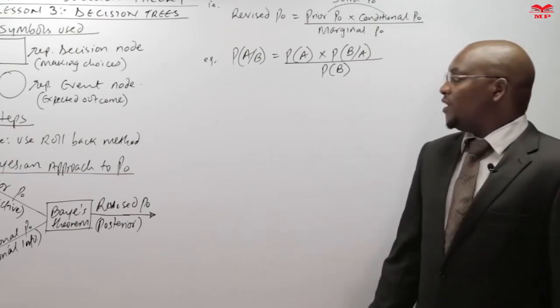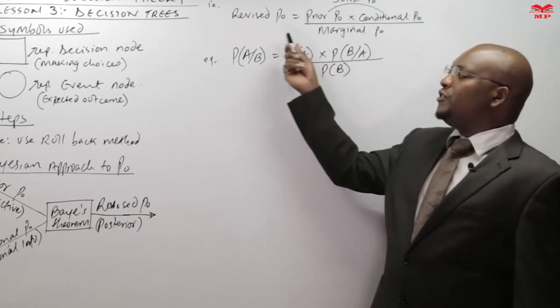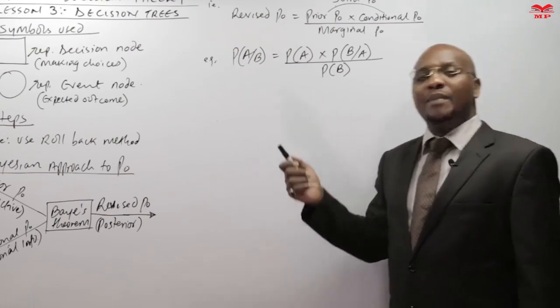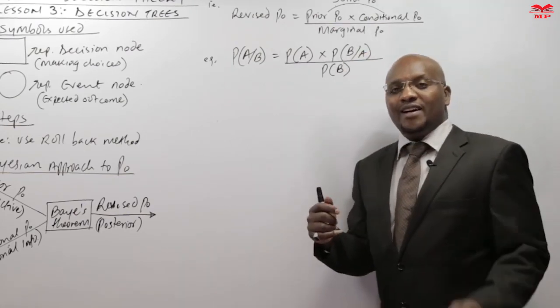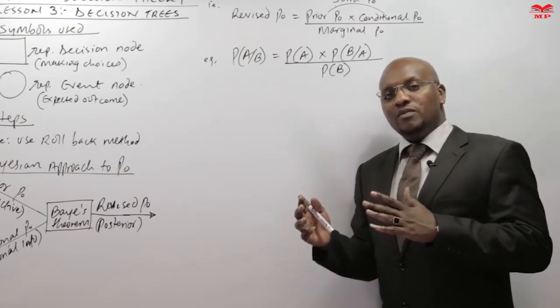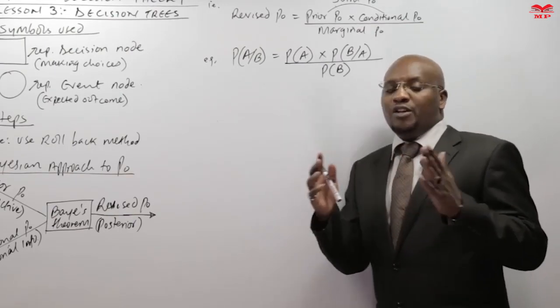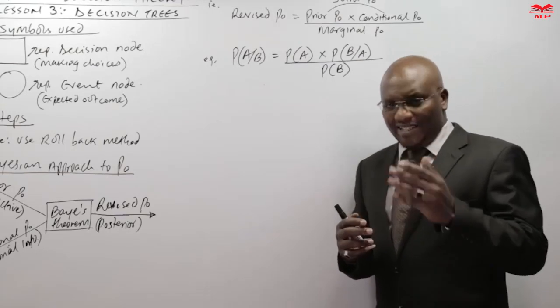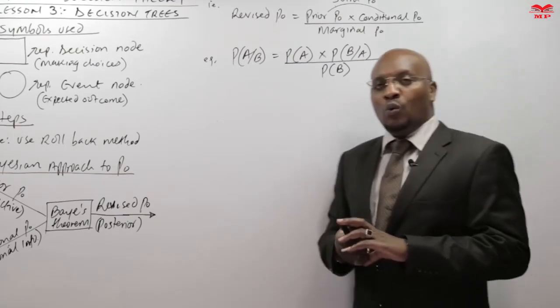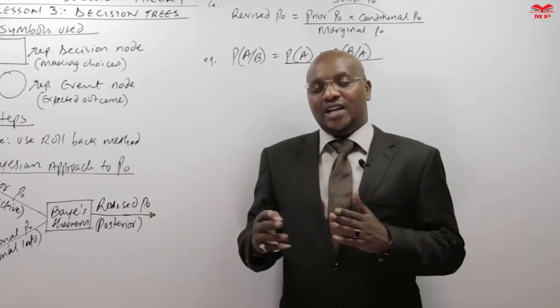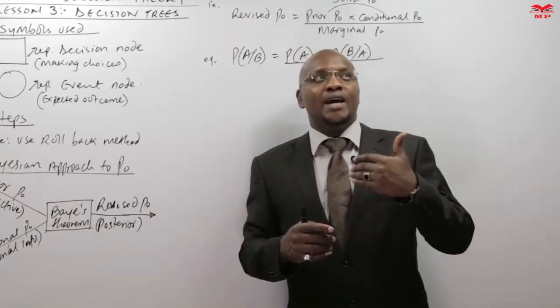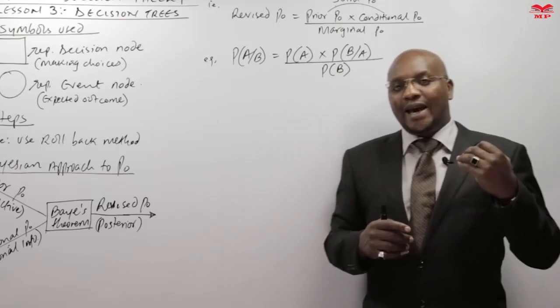And therefore, this revision of probability is very important. As a manager, you are required to understand position changes. Circumstances do change. Take an example. You wanted to produce, say, 10,000 units, and you had a possibility of, say, 80%.